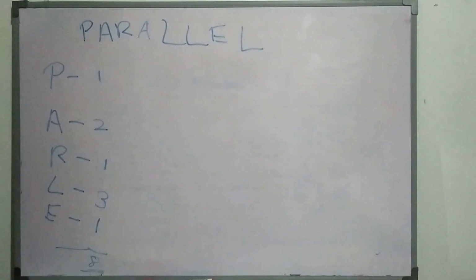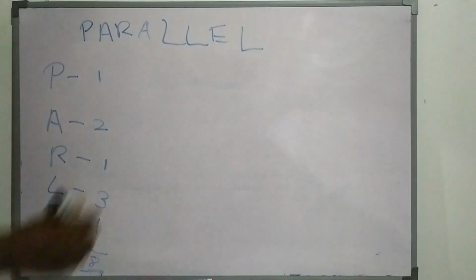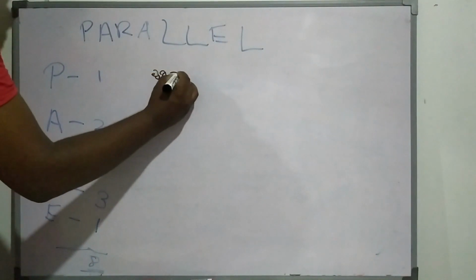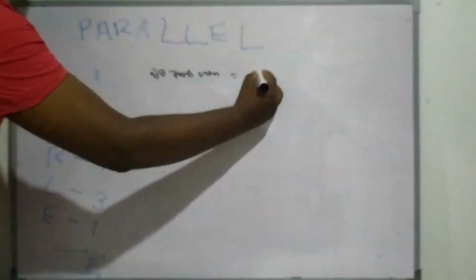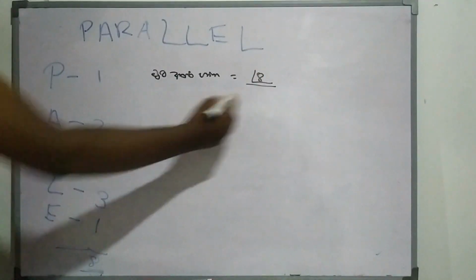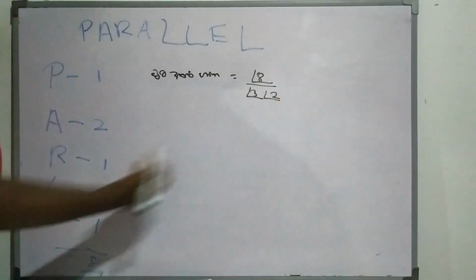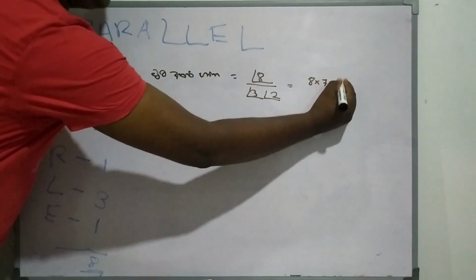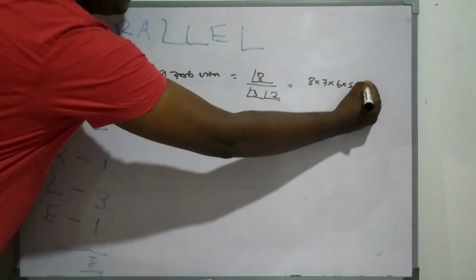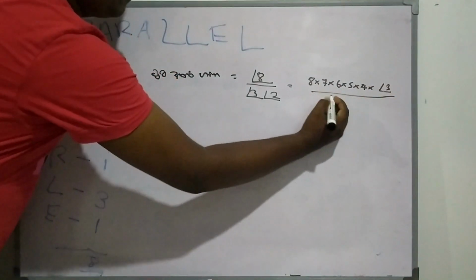So the total number of arrangements is factorial 8 divided by the equal cases, factorial 3 and factorial 2. You have to write it as 8, 7, 6, 5, 4, and factorial 3 into factorial 2.